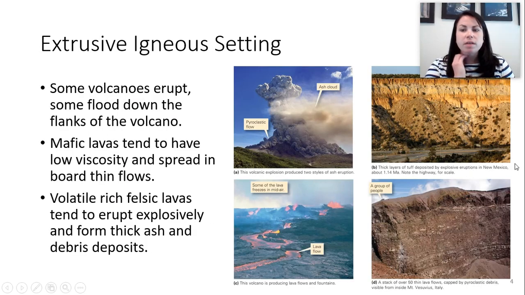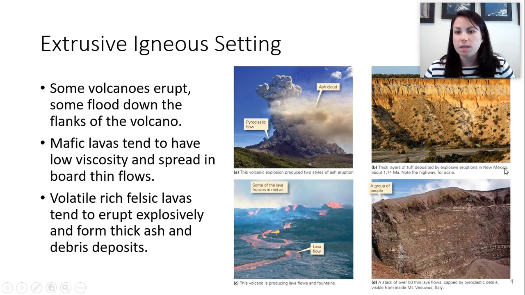Okay, so here are some extrusive igneous settings. Some volcanoes erupt, some flood down the flanks of the volcano. Mafic lavas tend to have lower viscosity and spread in thin flows or sheets, versus volatile-rich felsic lavas, which tend to erupt explosively and form thick ash and debris deposits.